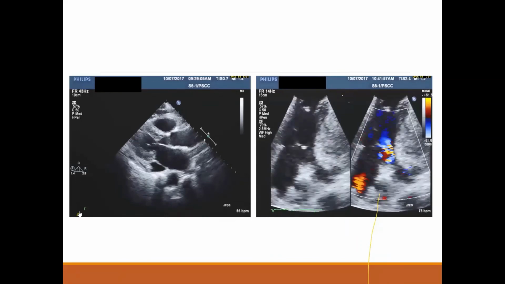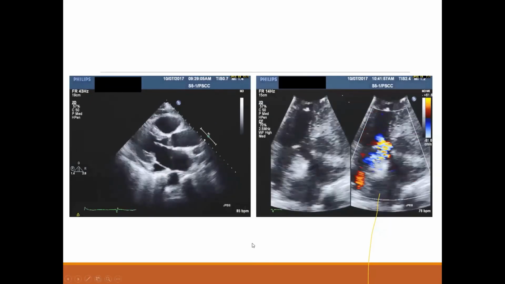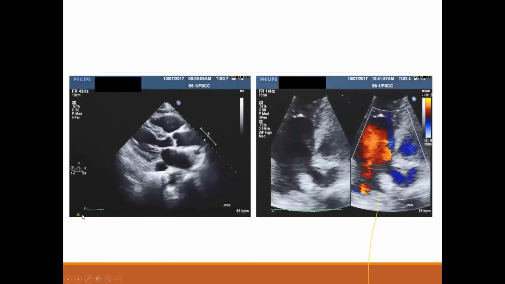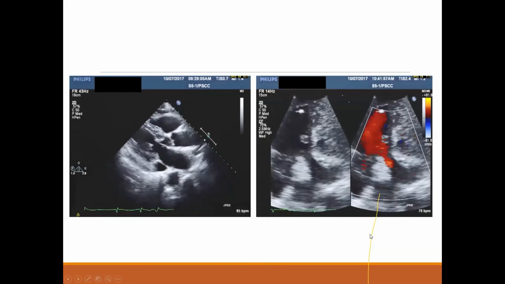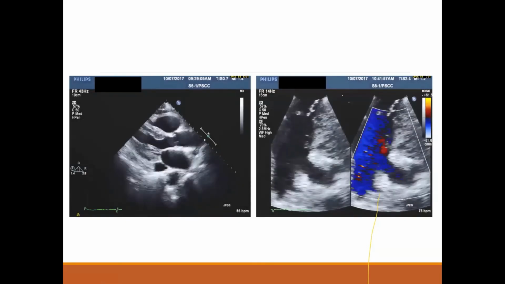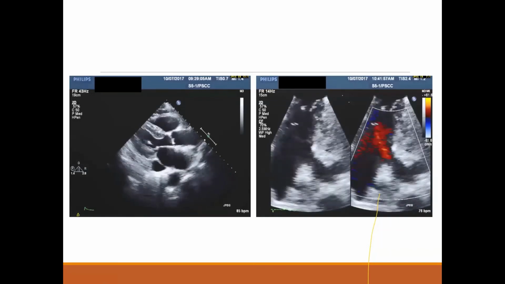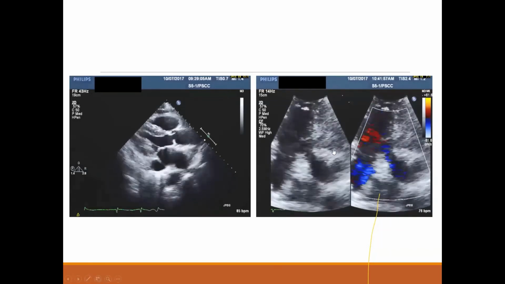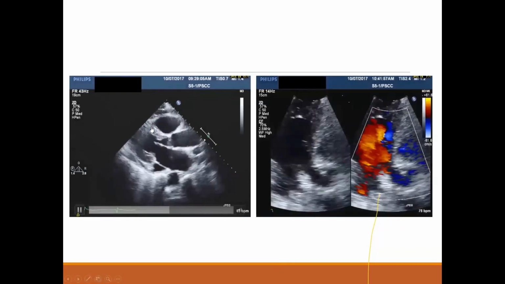Okay, we're gonna take this last one. Now this is important. This is a very important case for the exam. What are we seeing here? Focus on the one on the left.